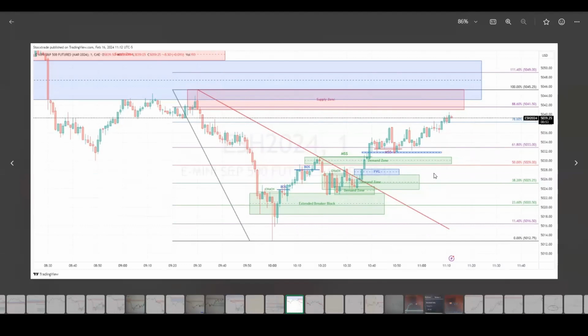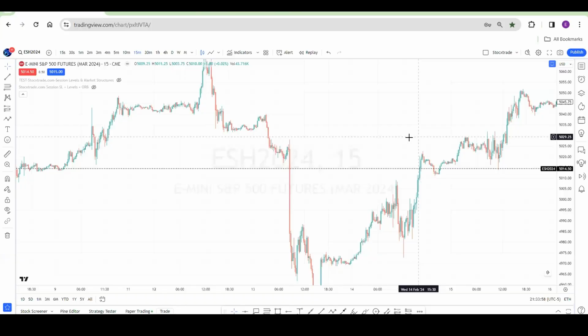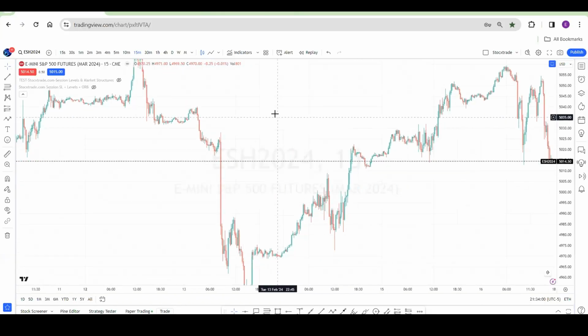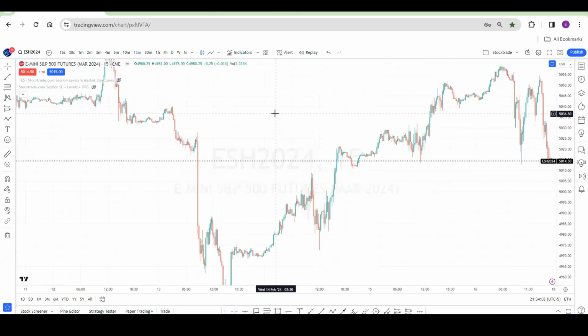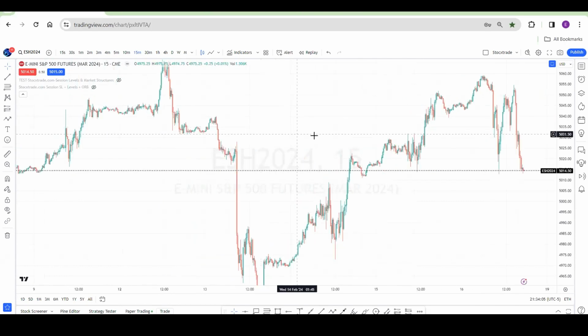Irfan bhai, okay, leave everything. Don't see up to here. If you don't want to go with the extended breaker block, just go with the fresh supply zone and demand zone. What you are looking at is the ES chart, E-Mini S&P.